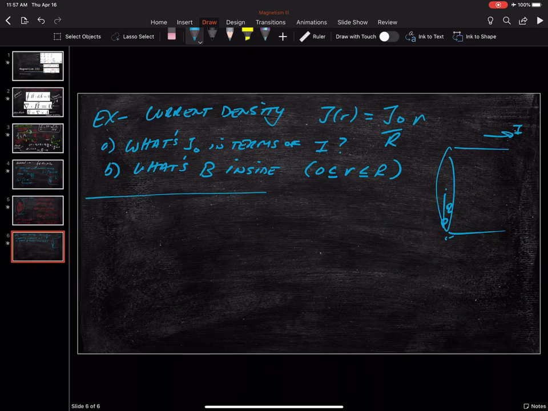Well, this is very much like the Gauss's law problem we did, where the charge density is some constant times R to the third power. What's that constant? It's the same thing here.